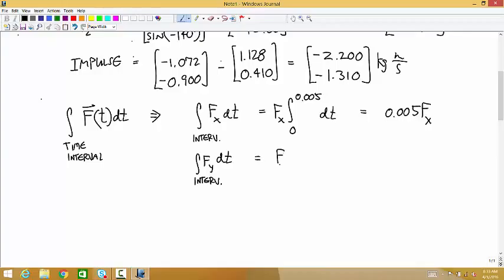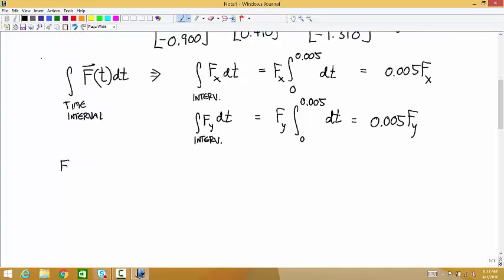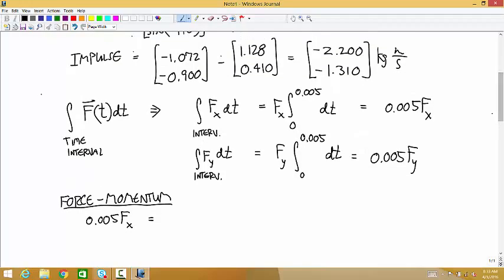And this one we can write as the constant fy times the integral from 0 to 0.005 dt, which is equal to 0.005 fy. And so now we get two equations for the force momentum equation. The first one says 0.005 fx is equal to negative 2.20.